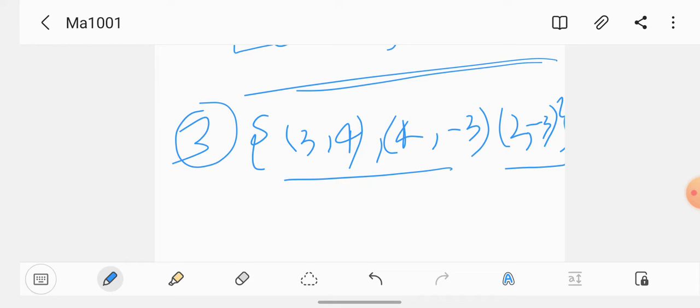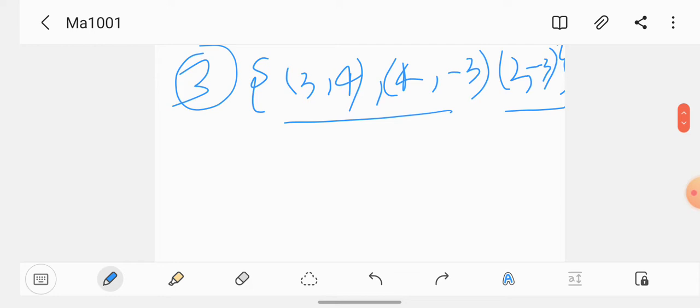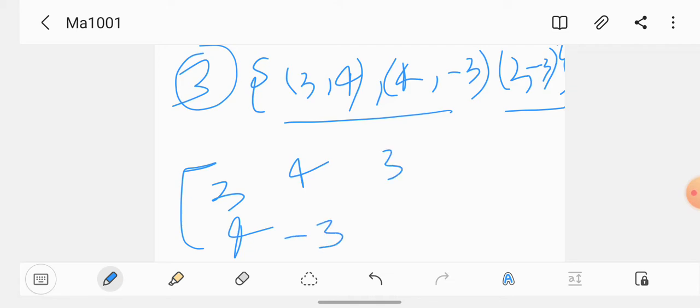So here, the same thing: it cannot form a basis, and the determinant of the matrix 3 4, 4 -3, 2 -3 becomes 0.